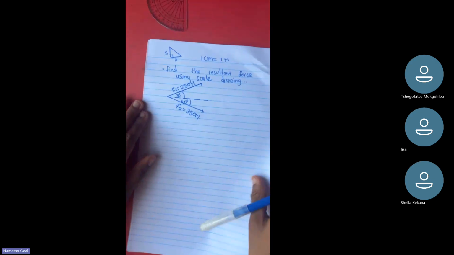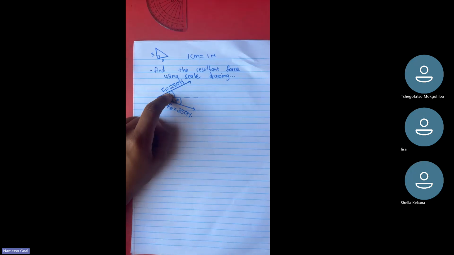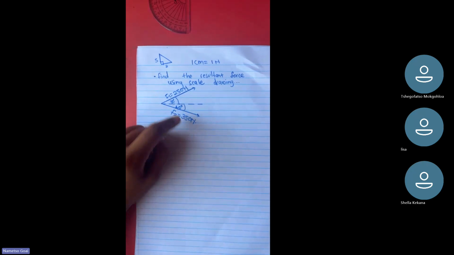So we're required to find the resultant. We have force 1, which is 250, and force 2, which is 350, right? And we're required to find the resultant force using scale drawing.